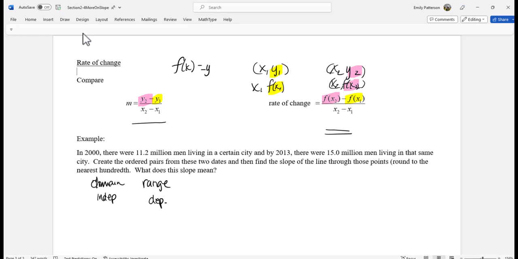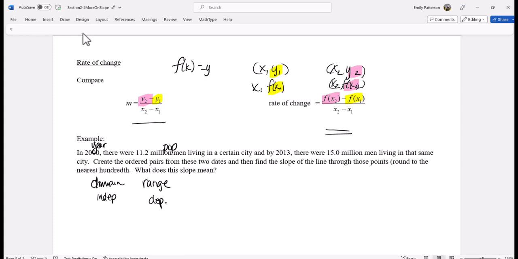So in this case, we have the population of men living in a city at two different times. We have population, we have year or time, and we're trying to see which one depends on the other. Does the year depend on the population? Does the population depend on the year? Arguments can be made for both, but typically time just goes on continuously, and it doesn't depend.